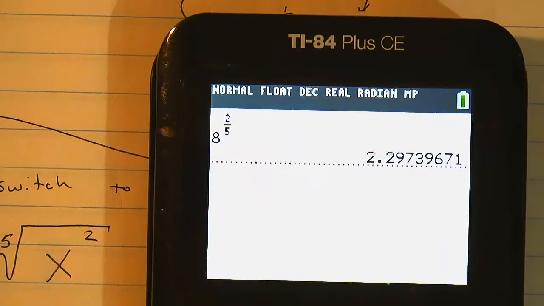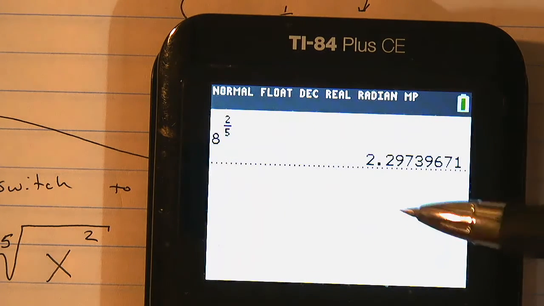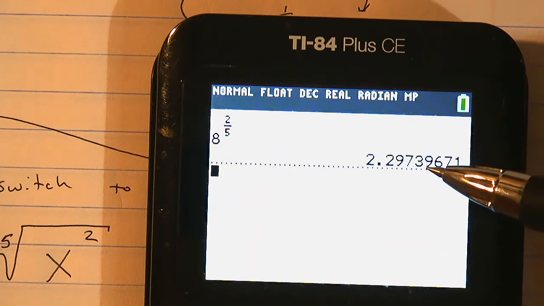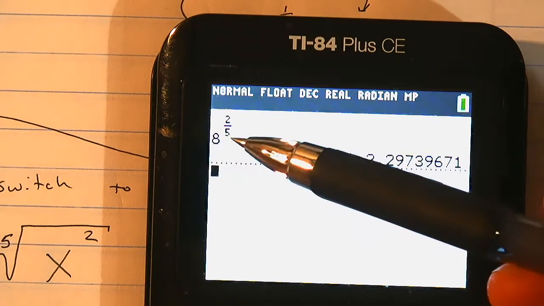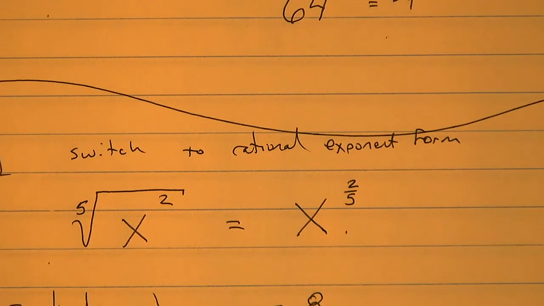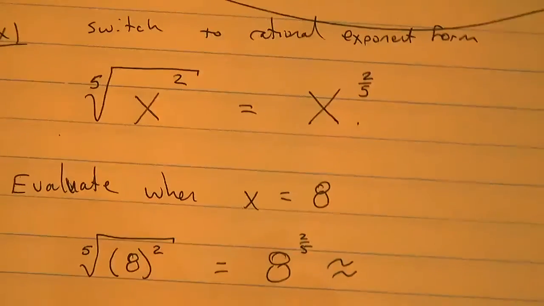push enter, okay? Now remember, we said anytime we're working with radicals, if we get a decimal, that decimal is irrational. When you look at this, you say, well, I'm not really working with a radical, but remember where that fraction came from was a radical. So this decimal is going to be an approximation.